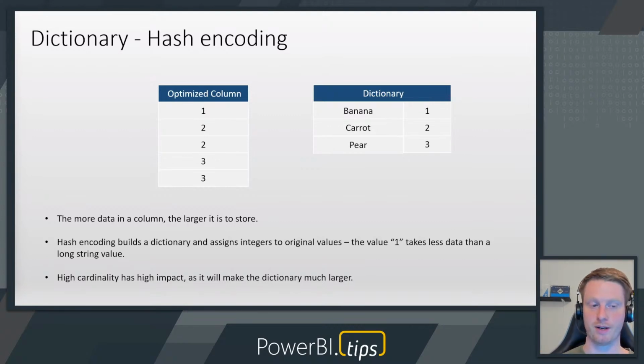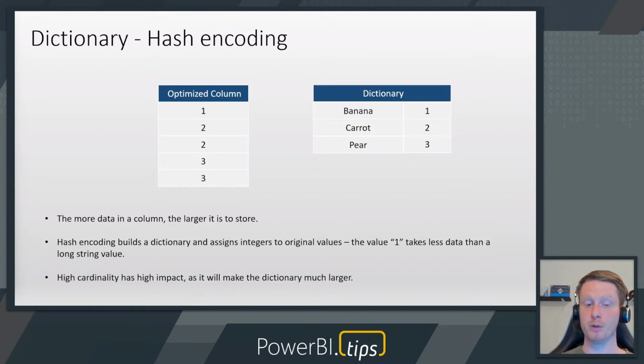So this kind of works in the theory that the more data is in a column, the larger it is to store. And when I say the more data, it typically depends on your data types, right? So if you have a text column, it's going to give you a number of characters for each row, and that's going to be quite a lot of information if we want to repeat this a lot of times.